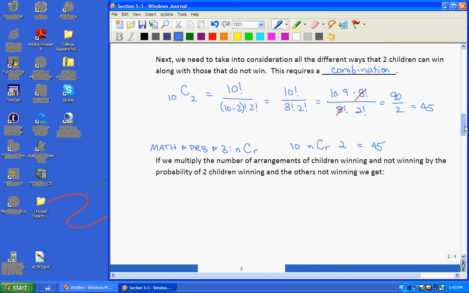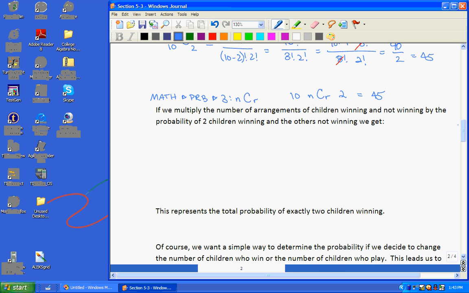So to get the true probability that any 2 kids can win, I'm going to take the 45 ways that it can happen, multiply it by 0.0067, which is the probability of just one way that it can happen. And in my calculator, I'm going to do the multiplication. Remember, let your calculator handle all the decimal places that came afterwards for accuracy.